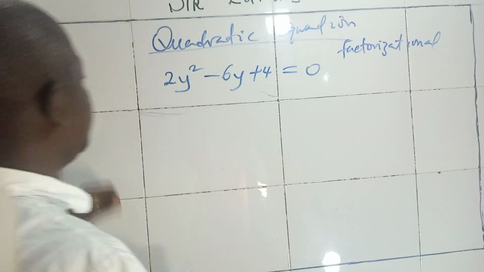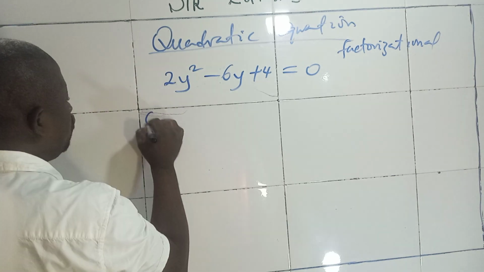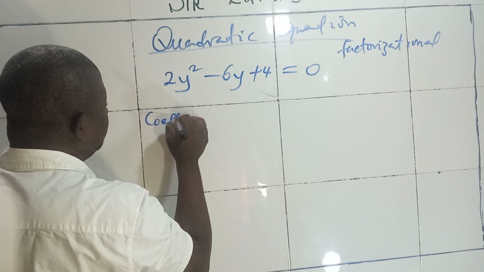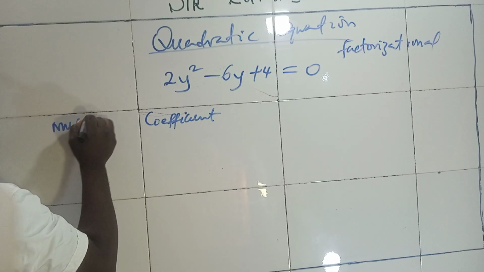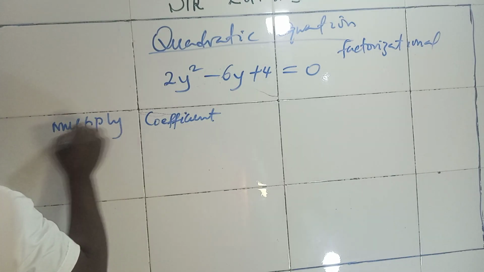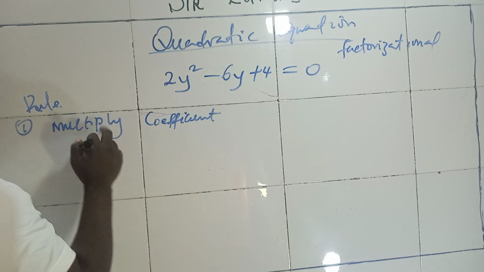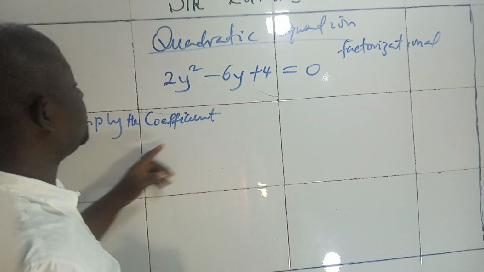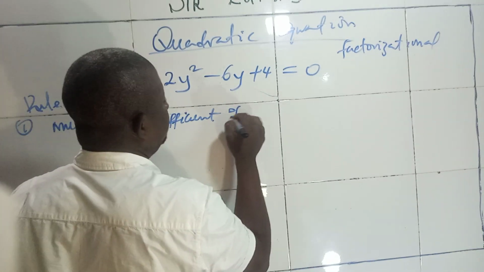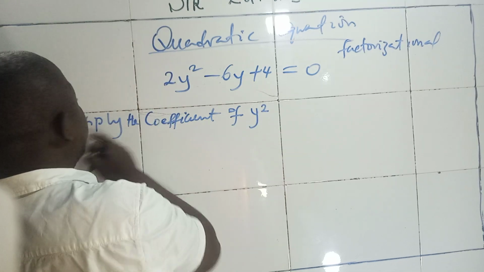Step one is this: multiply the coefficient of y squared. That's rule one. Multiply the coefficient of the squared term by what?